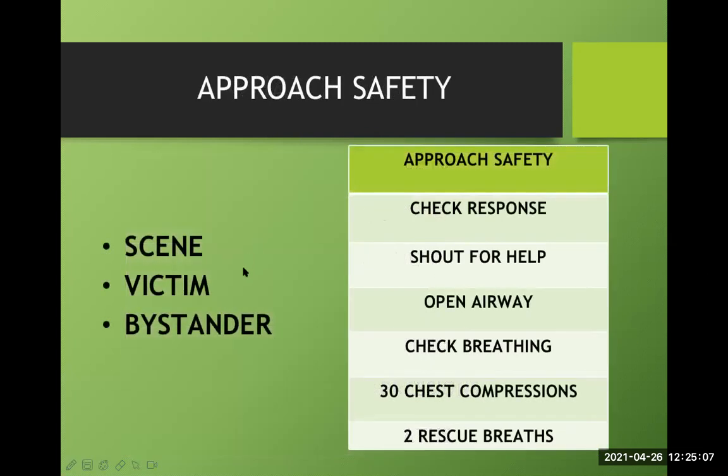This is called approach safety. You have to make sure the scene is safe, and you can approach the victim safely. What type of bystanders are there, meaning what type of people are nearby? Are they helpful or not? Something like that you need to judge quickly.